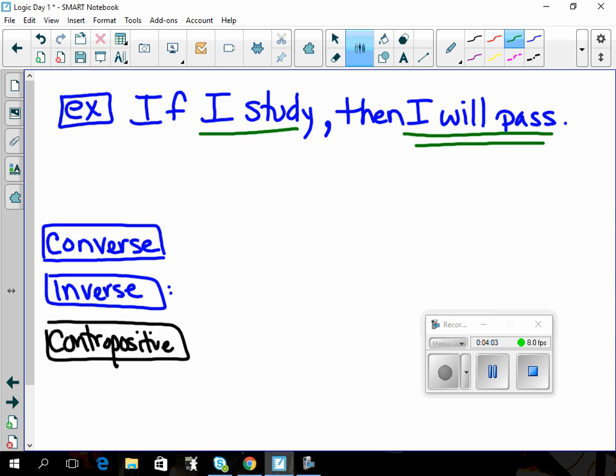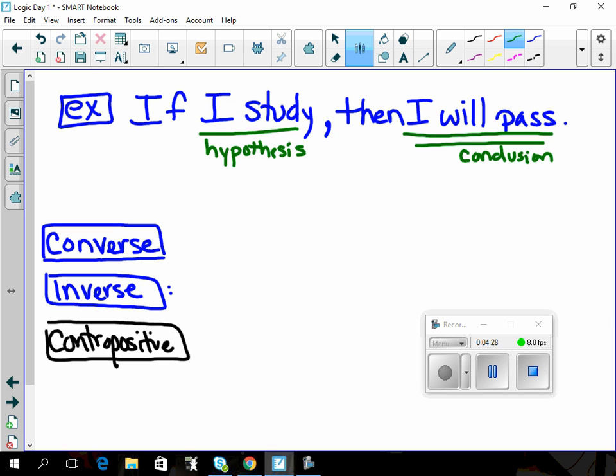Whatever follows the word if, we're just going to be calling it the hypothesis. What follows the word then is called the conclusion. It's just the conclusion of the conditional statement. So if I study, then I'm going to pass.